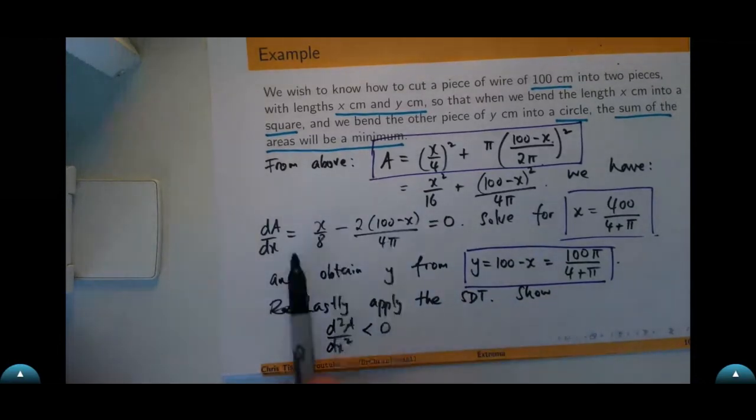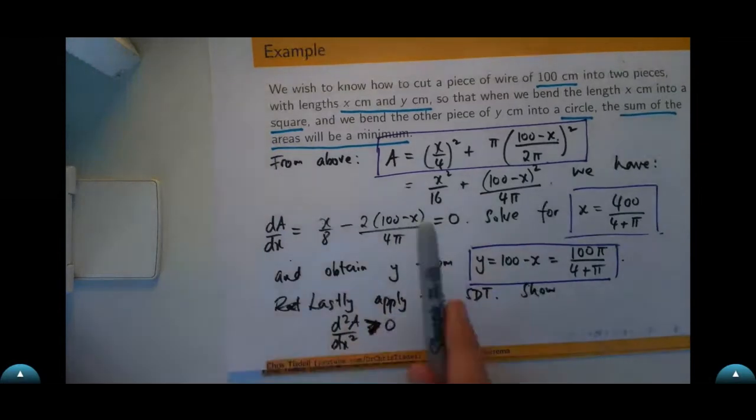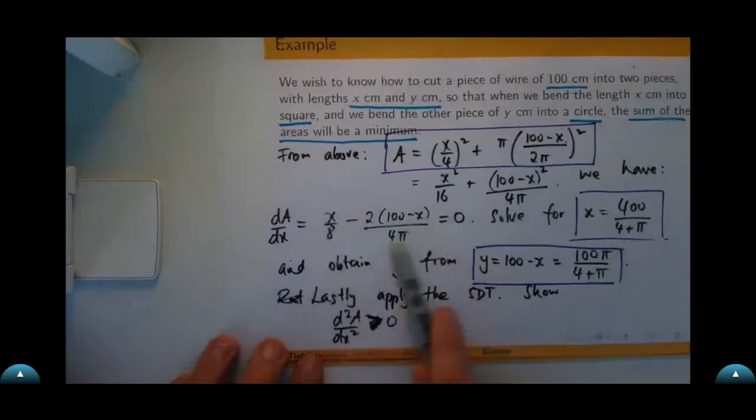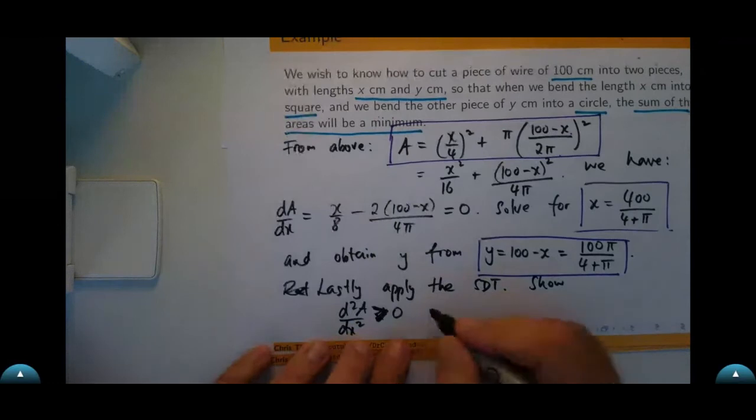Okay, so when you differentiate this again, this will be an eighth. Sorry, it'll be positive. Sorry. So when you differentiate that, this will be a positive 1/8. This will be positive 2 on 4 pi.